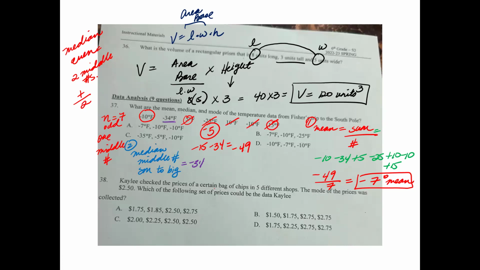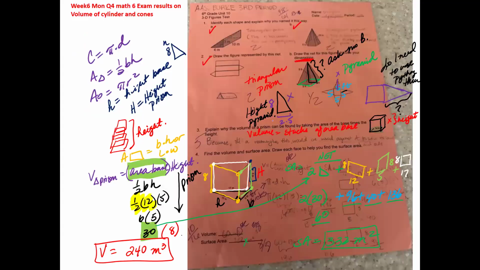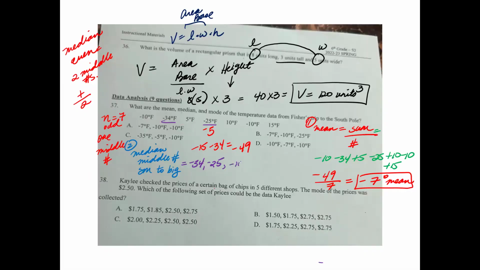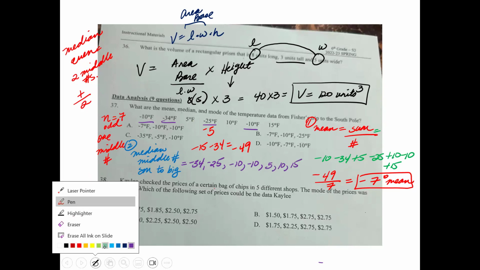What's your next smallest number? -25. You need to look at your numbers. What's the next one? -10, but there are two -10s. You see how I'm underlining so I don't forget anything? What's the next one? 10. And then 15.